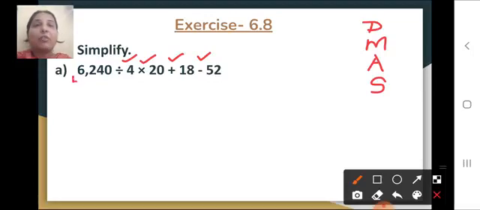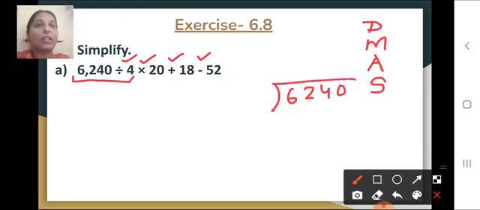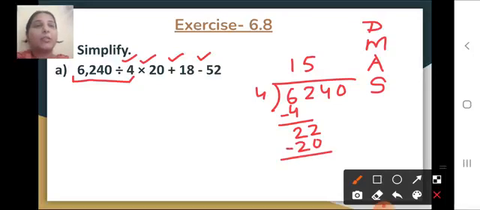So here we will do this operation first, where we have to divide. So we will divide 6240 by 4 first. So what will we get? 4 ones are 4. We will bring down the 2. Now 4 5s are 20. Now we will bring down the next digit, which is 4.